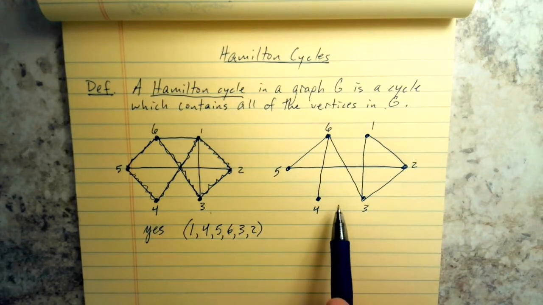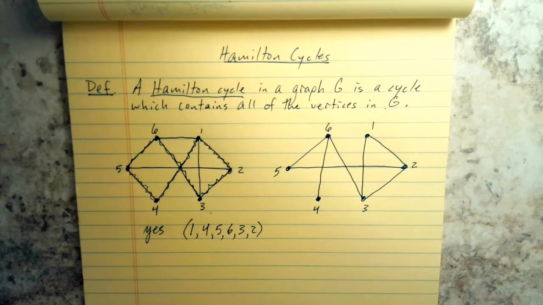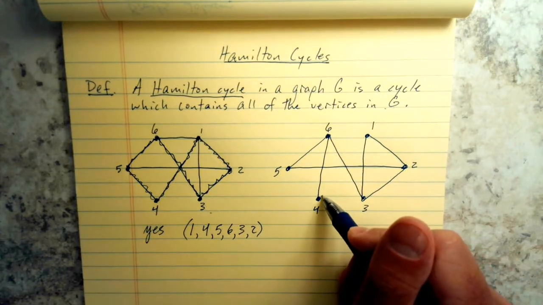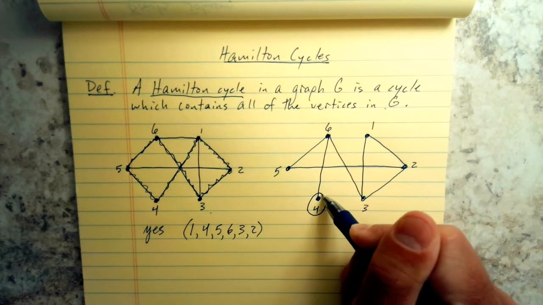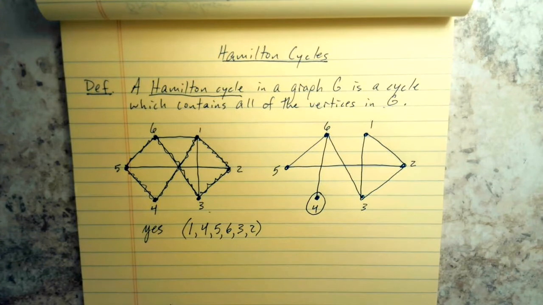This graph on the right, I would claim, does not have a Hamilton cycle. And it's a little harder to argue that it doesn't have a Hamilton cycle because you would have to somehow show that there's no way it could possibly have one. But this graph possesses a vertex of degree 1, and this ends up being the reason that this particular graph has no Hamilton cycle.